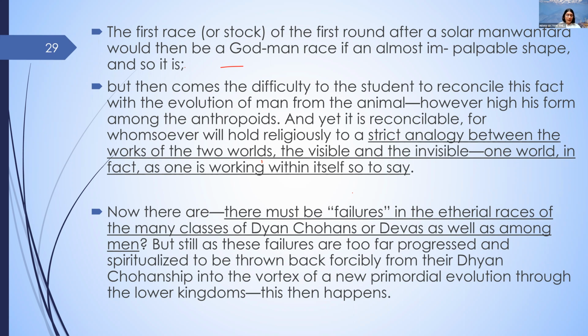So for this, if we contemplate how after a solar manvantar, when a new solar system is formed, then its 7 planes, the 7 planes of the solar system, they will be formed. And the earth chain, which is evolving, it will also be formed on these solar planes. So as the planes are forming, the globes of the earth are also evolving.